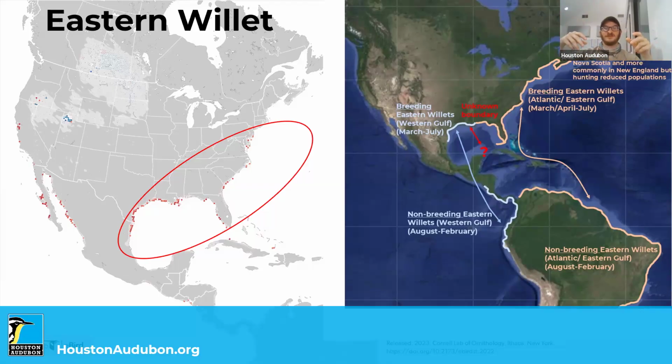And those areas can be good for roosting shorebirds, but they also open them up to predators. So there's a lot of different factors that contribute to the quality of that habitat. And so that's not a concern for an Atlantic Eastern Willet, but it is a concern now for a Texas Eastern Willet.